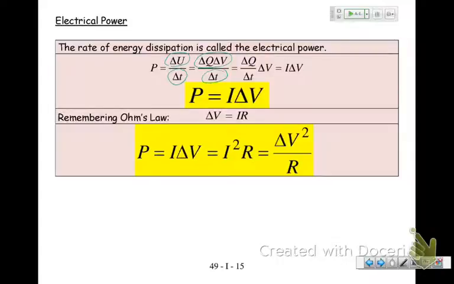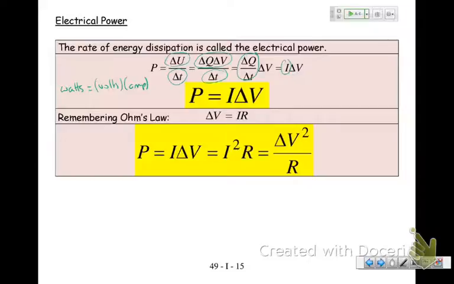So I have charge divided by time, which is current. As a student I learned watts equals volts times amps. You just learn it. P equals I delta V.